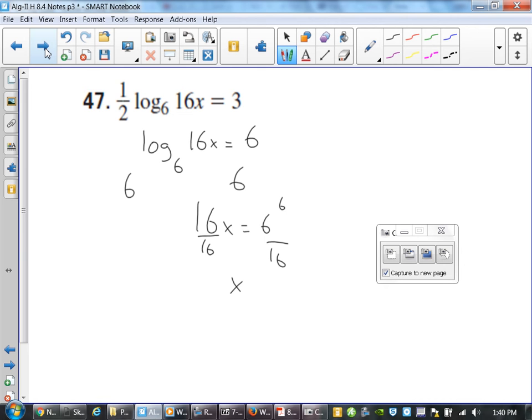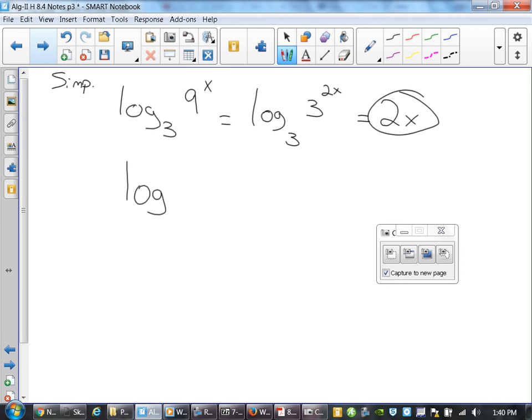Then why on the right side is it 6 to the 6th power? Why would you change that? What I did here is this little thing called exponentiating. We'll talk about it when we get to it, okay? I was just showing you what's going to happen eventually. Not today, that's irrelevant.